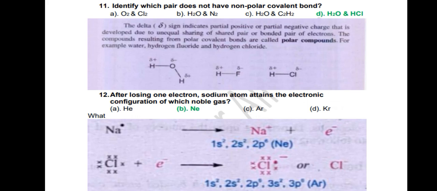When it is removed from the sodium atom, the total number of electrons is equal to 10, and 10 electrons are possessed by neon. It means option B will be correct, because neon has 10 electrons and the sodium ion has 10 electrons. Both will have the same electronic configuration, that is 1s2 2s2 2p6.